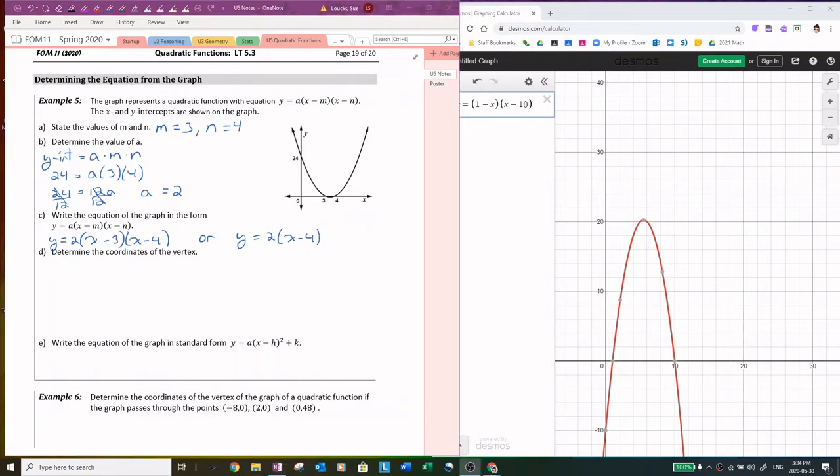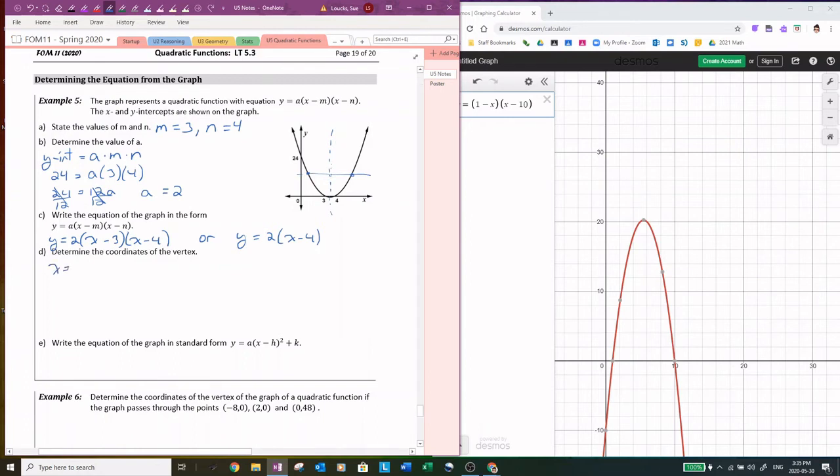Okay, let's find the coordinates of the vertex. Now I know that the vertex is on the axis of symmetry, and I know that the axis of symmetry is halfway between my two x-intercepts, or just to remember, between any two points that are on the same horizontal line. So if I knew this point and this point, the axis of symmetry is right in between.